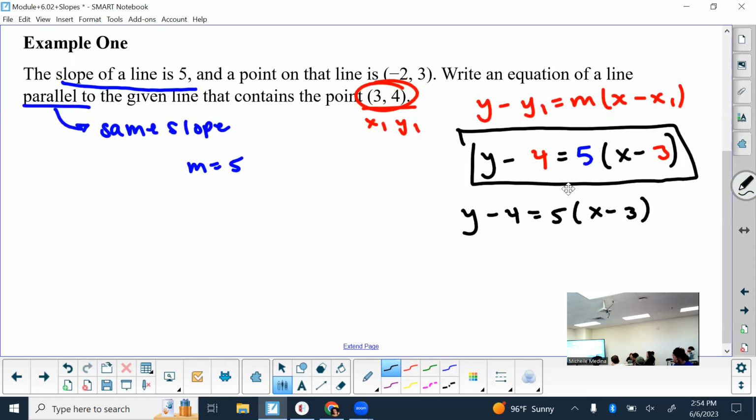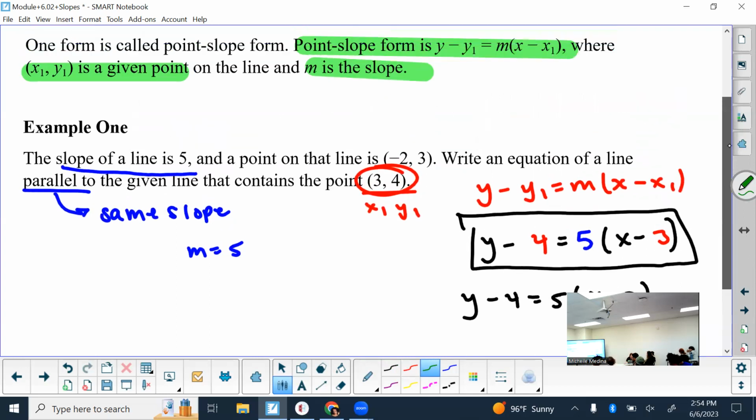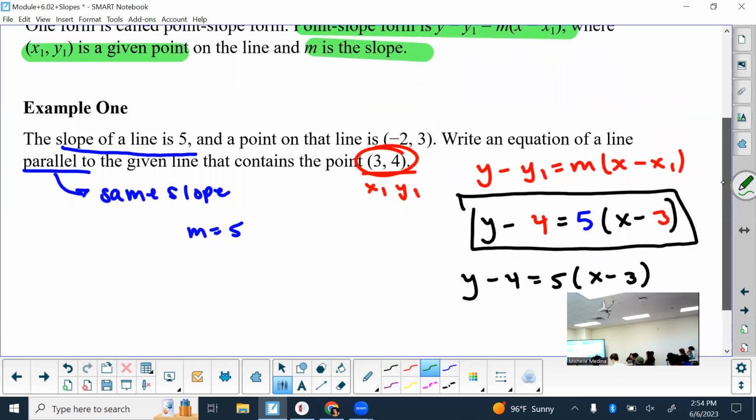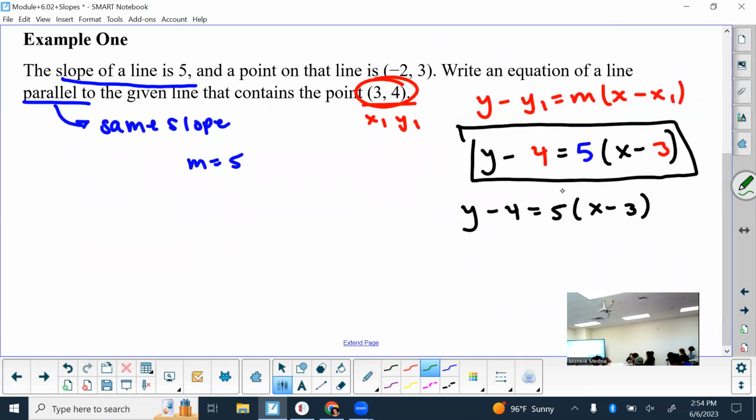First, though, we'll probably have to distribute, because if you notice in slope intercept form, there's no parentheses. So we'll have to distribute that 5. What's 5 times x? It is 5x. And 5 times negative 3?